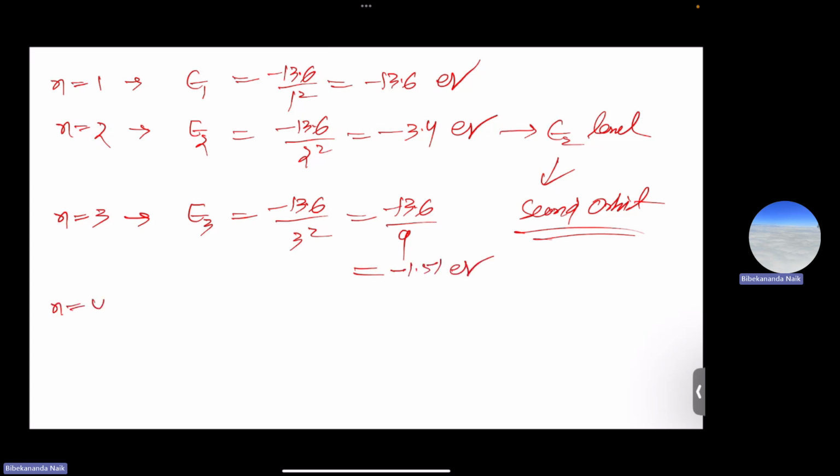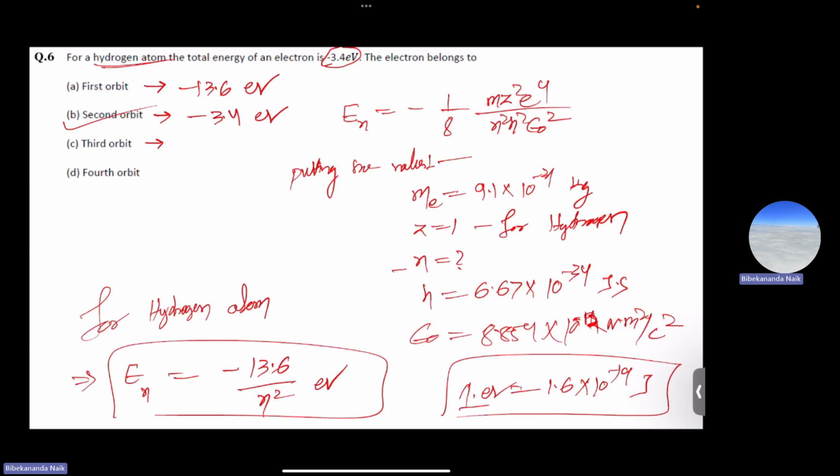And for n equal to 4, E4 will be minus 13.6 divided by 16, which is minus 0.85 electron volt.